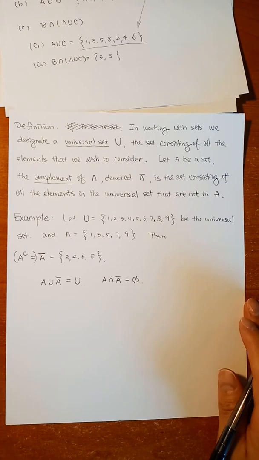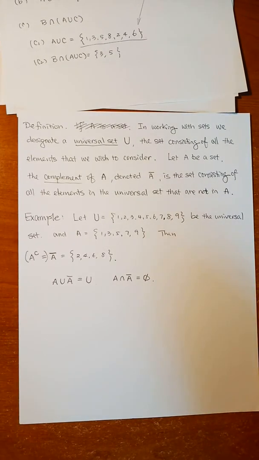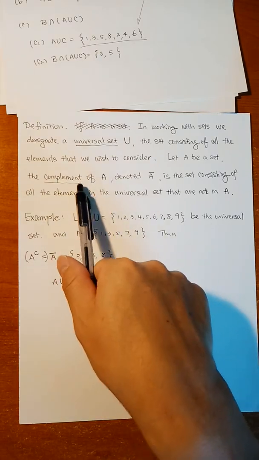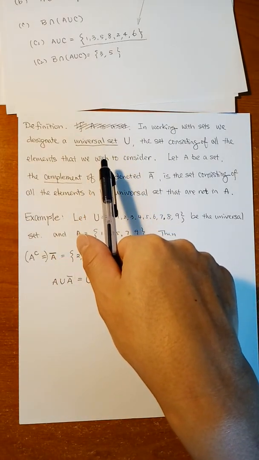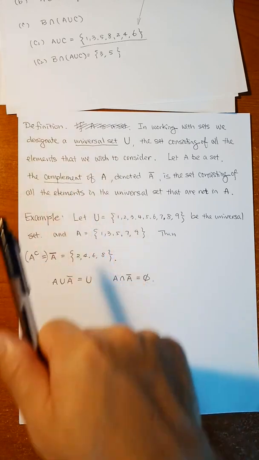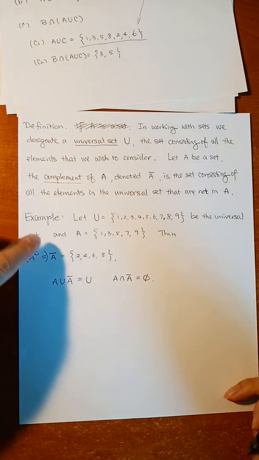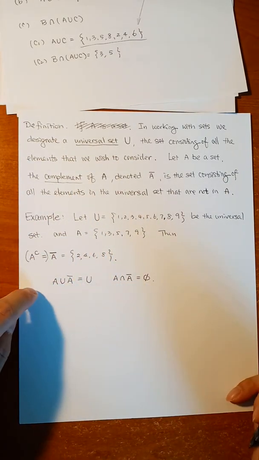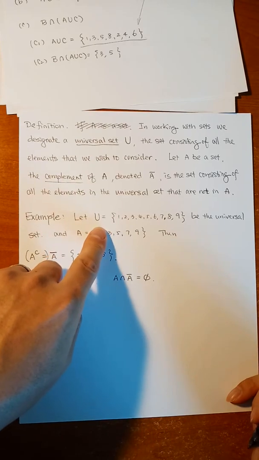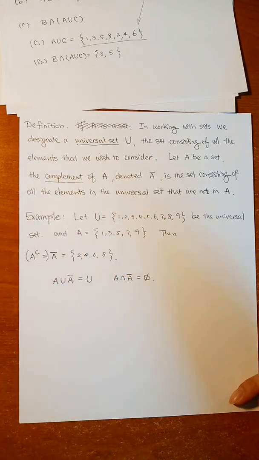Okay, so that's the universal set and the complement. Again, a complement depends on this universal set. You change the universal set, you change the complement. So every time they ask you to write down the complement, you must clearly see what universal set you select.